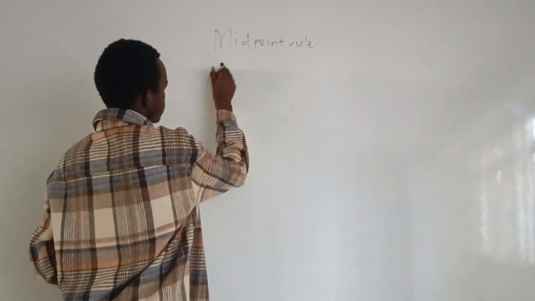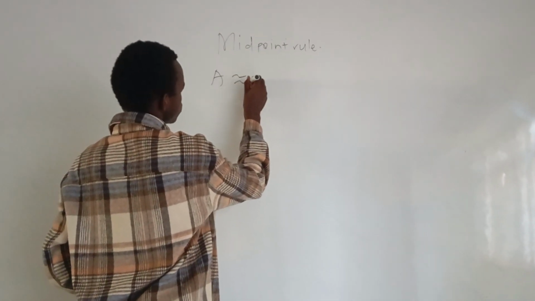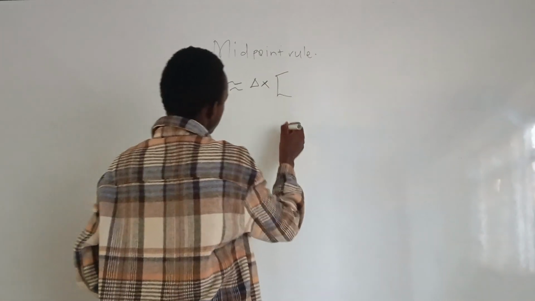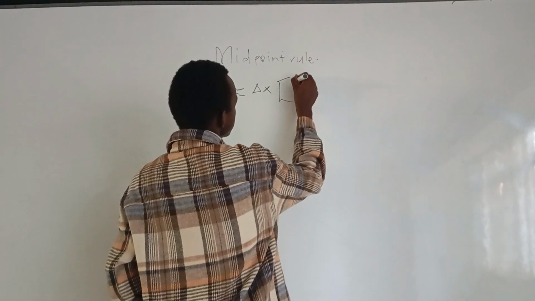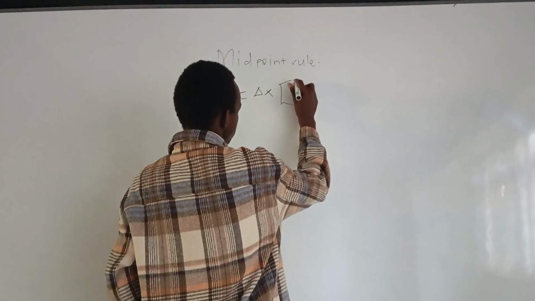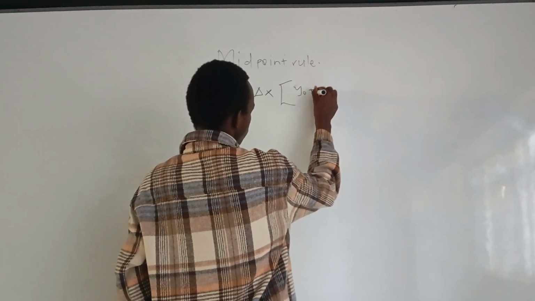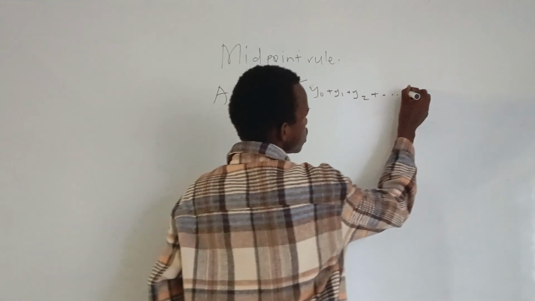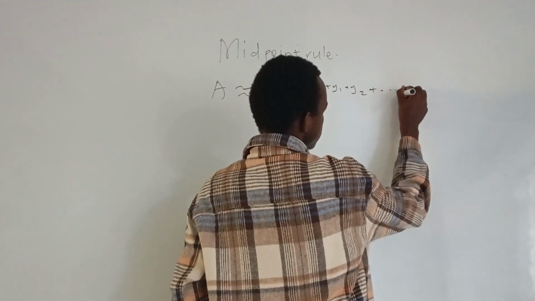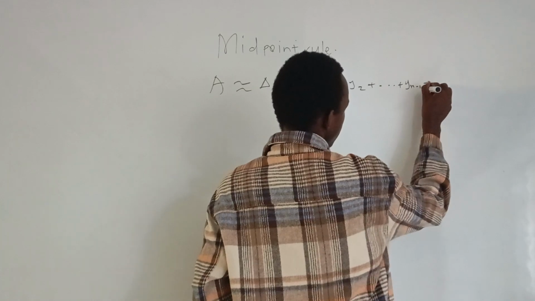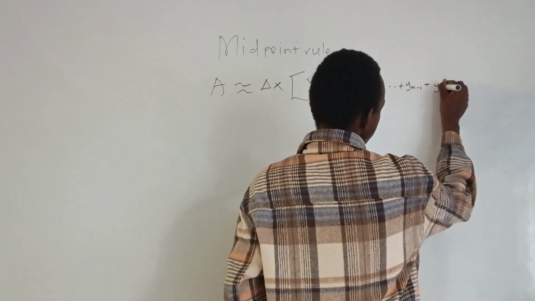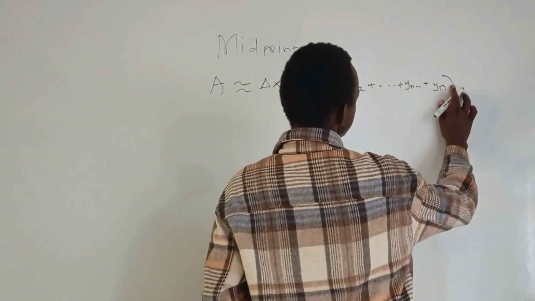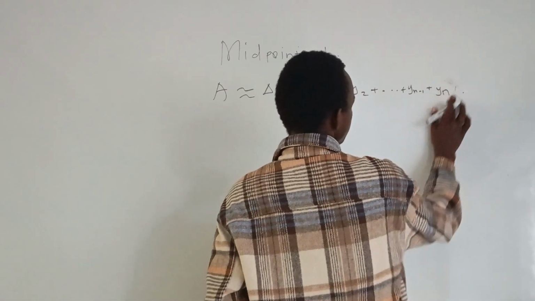So the area using the midpoint rule is approximated to be delta x. In my previous video, I showed how to calculate delta x, multiplied by y0 plus all the values of y, y1, y2, plus y(n-1) plus yn.